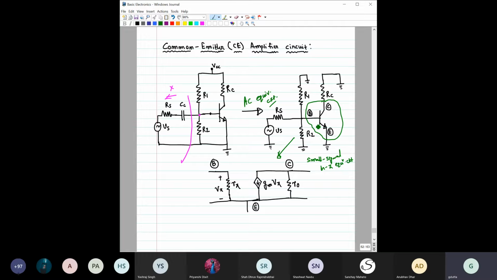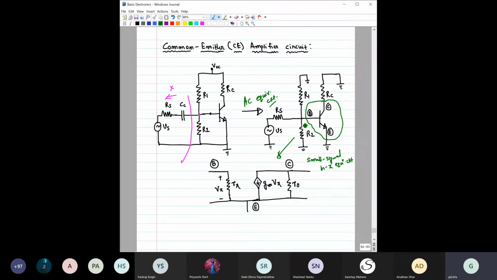First, we have to draw the small signal equivalent circuit for this transistor itself, the NPN transistor. So you already know that the transistor would look like that, and here we are also considering r naught, meaning the early effect, right? So this r naught is already connected, you can see, and this is the base, emitter, and the base, collector and emitter terminals, right?